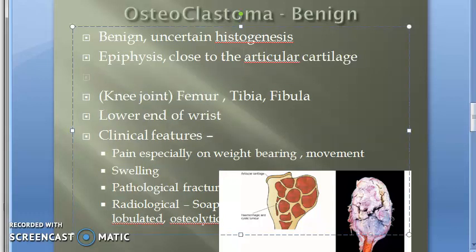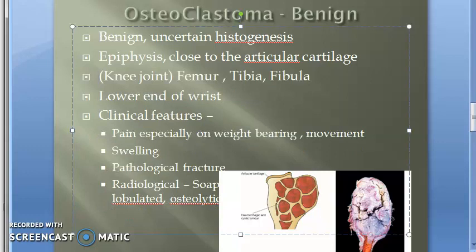It usually affects the knee joint, lower end of femur, upper end of tibia and fibula. And it also can affect the lower end of the radius. Then we saw that it affects 20 to 40 years of age people. No gender predilection here.